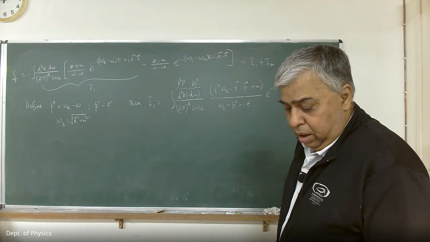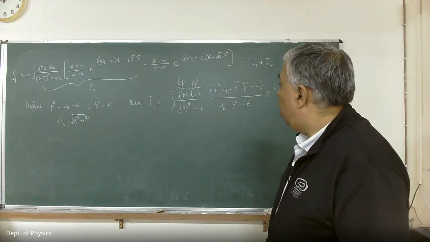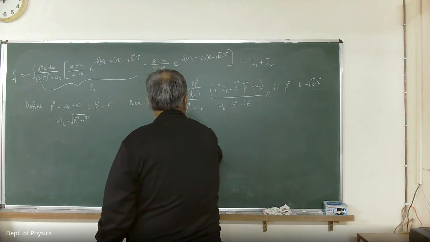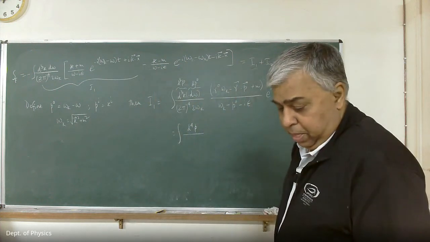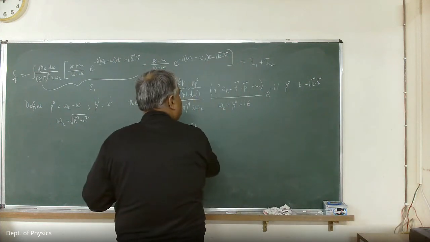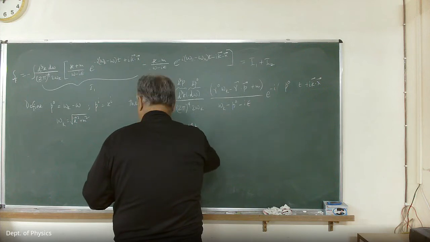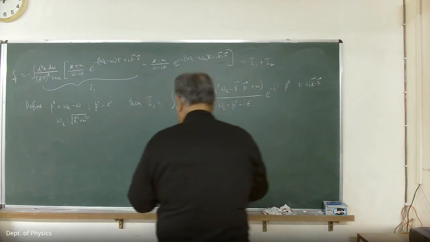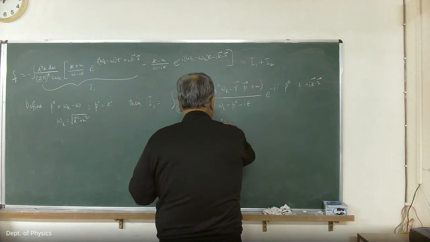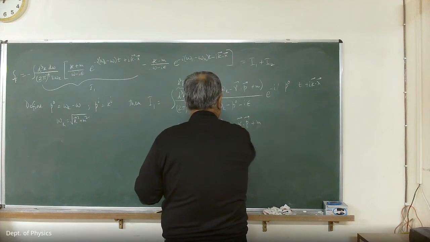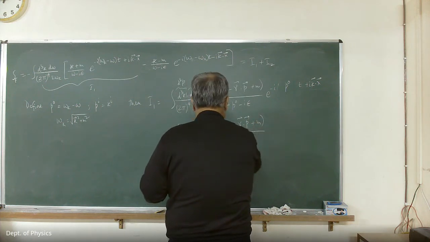Therefore I'm now getting a 4-dimensional momentum integration, d4p by 2 pi to the 4, 1 over 2 omega k, gamma naught omega k minus gamma dot p plus m, by omega k minus p naught minus i epsilon.